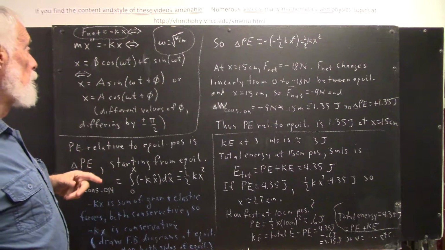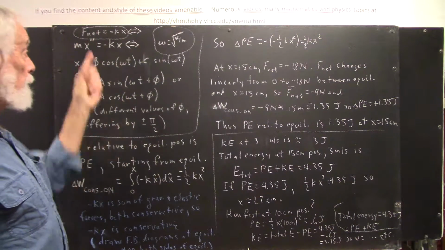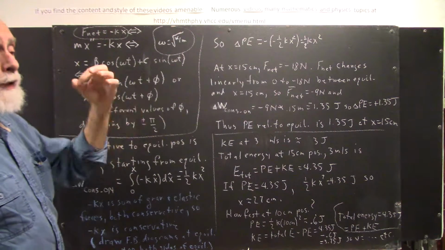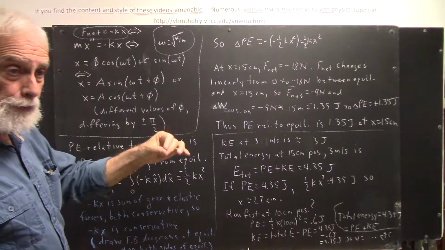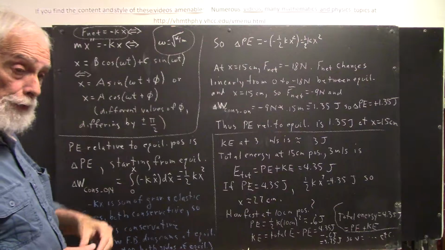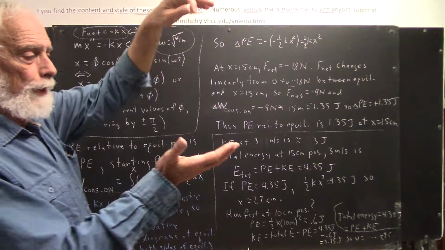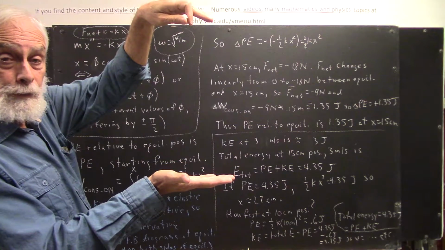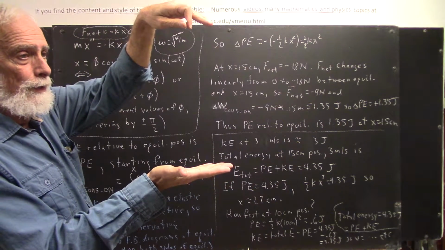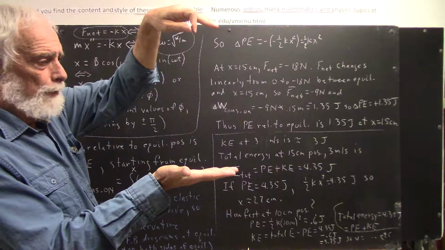We'll talk a little bit more about that. But the main point is that the net force is conservative, because the net force consists of the conservative gravitational force and the conservative force exerted by the rubber band. If you reference everything to the equilibrium position, then gravitation being the same at every position, you never have to think anymore about gravitation.